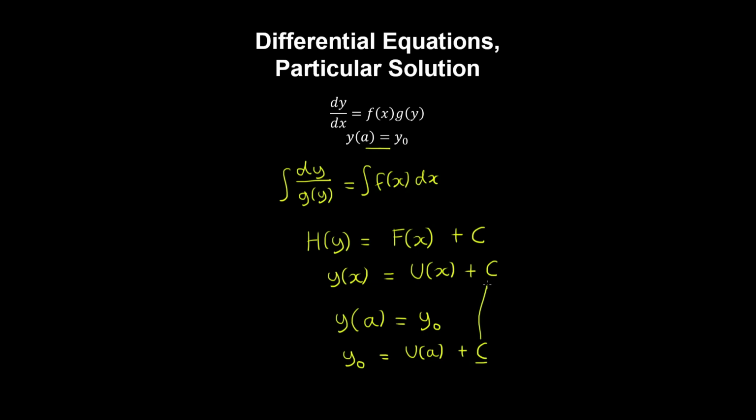And then we substitute it into here to obtain a particular solution to the function y of x. So essentially there's one particular solution that passes through this point, x equals a and y equals y naught. And we'll get some practice with this method in the coming example problems.